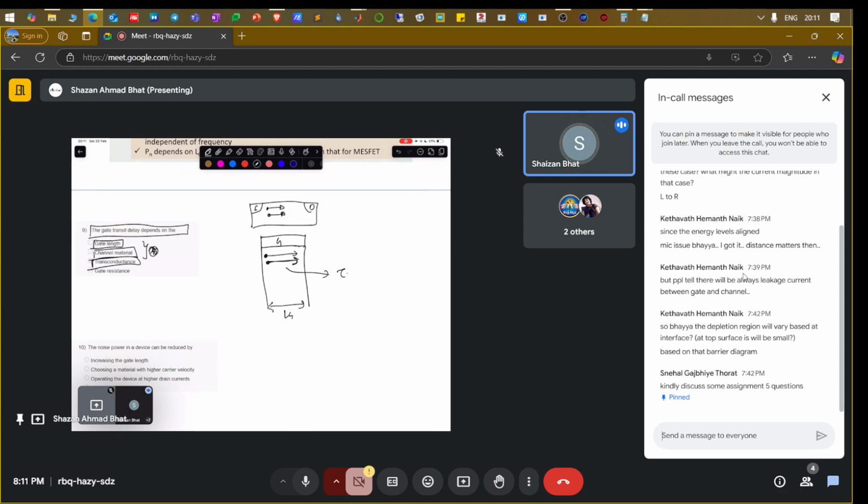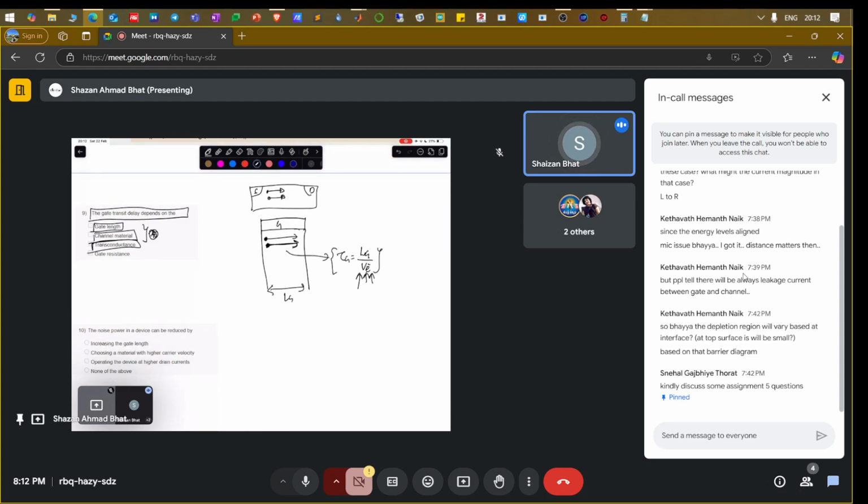Okay, let's call it TG, and it will be equivalent to the length of the gate divided by the velocity of electron. Let's call it V sat, let's call it just V. So the velocity of electrons is going to determine the gate transit delay. Also, the channel material is definitely going to play a role, because the velocity of electron can be changed if you have a different material in the channel.